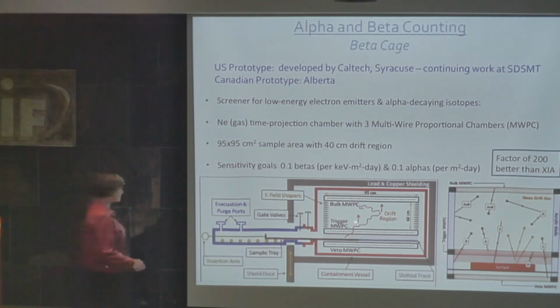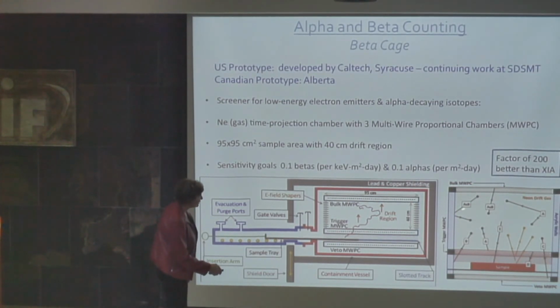The XIA is kind of similar, but here you have a tray that comes in. What this is a picture of is everything that's listed, A, B, C, D, all the different backgrounds that you can eliminate by seeing the tracks themselves and seeing whether they come through this trigger region, or whether they start in here, or whether they go through both sets of wires.